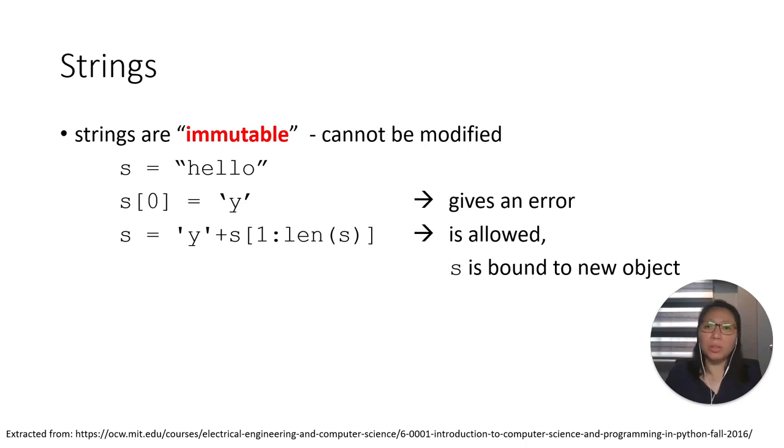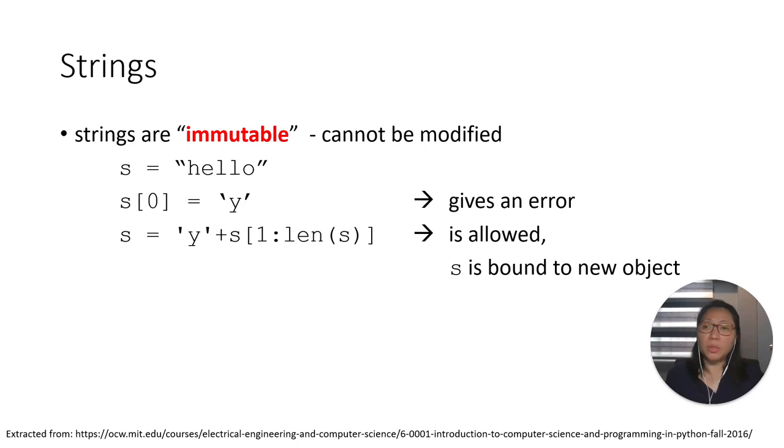Later on, I will talk about immutable objects deeper. But for now, let's keep in mind that if we say an object is immutable, it means that it cannot be modified in Python.